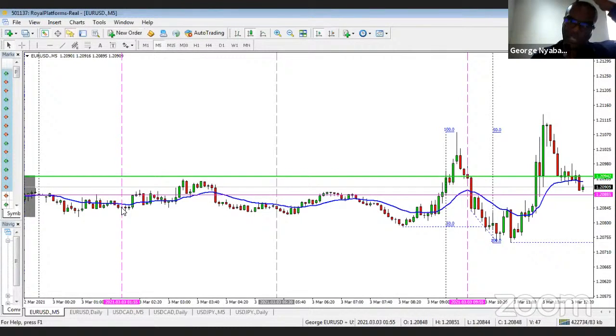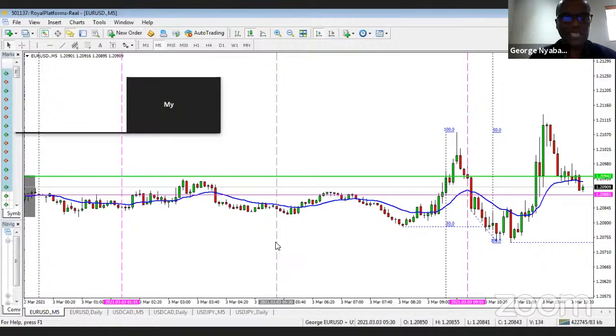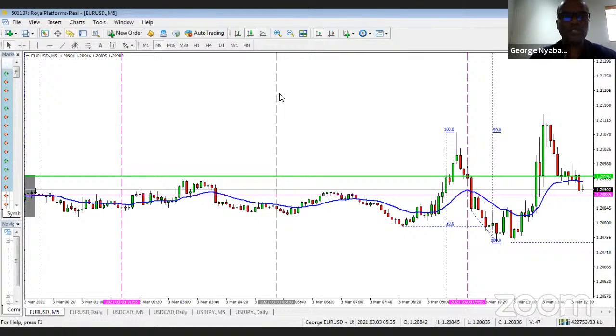You just work it out for your time to see what happened on the first candle. Then I always mark, with this gray dashed line, the close of the afternoon session.